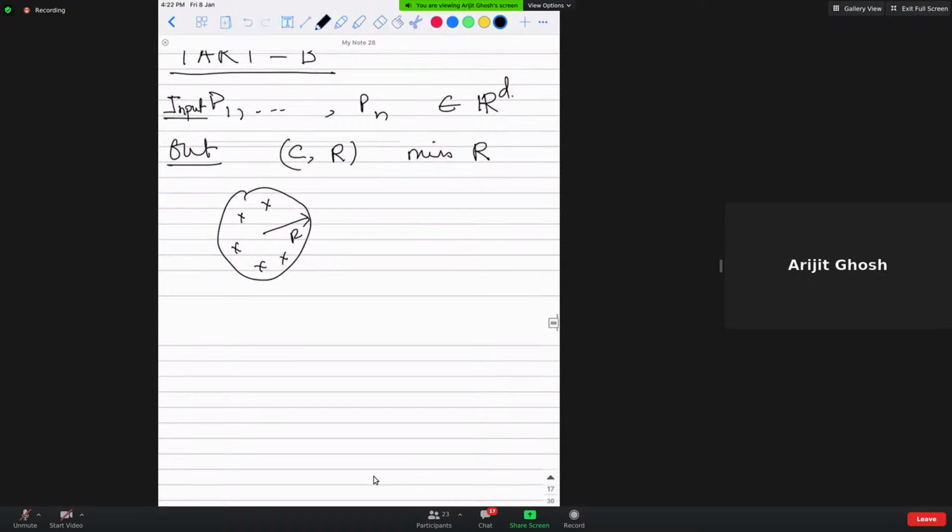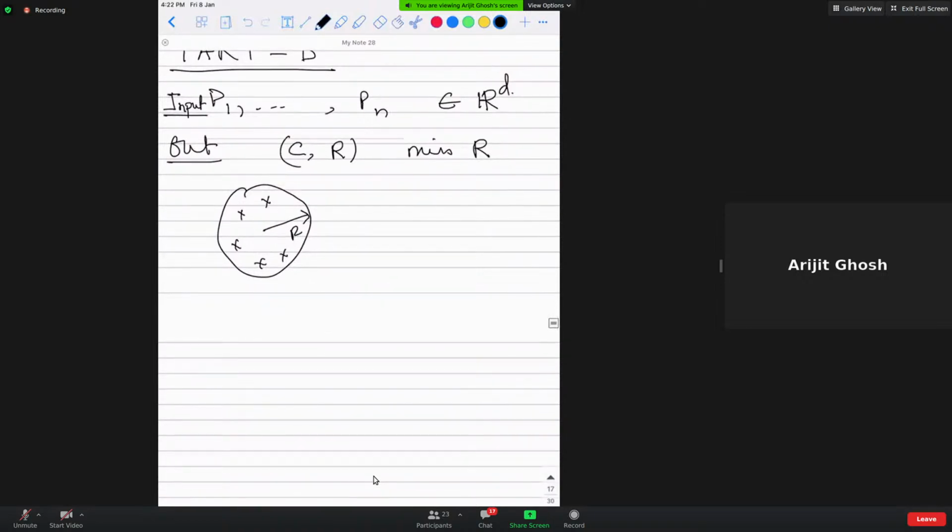So how should we formulate it? One way to think about it is: for all i, these are the things I want. ||p_i - c||^2 is less than or equal to R^2, for all i from 1 to n.